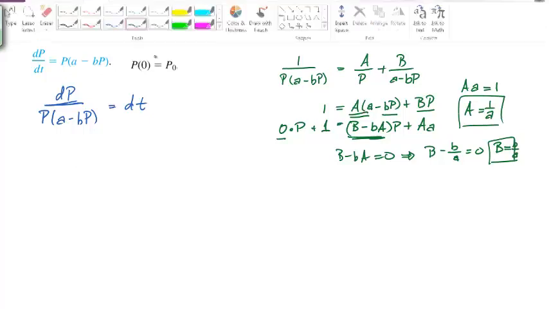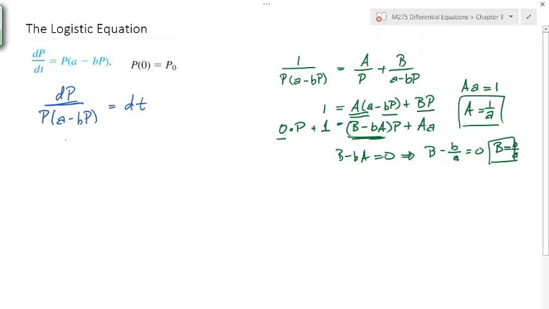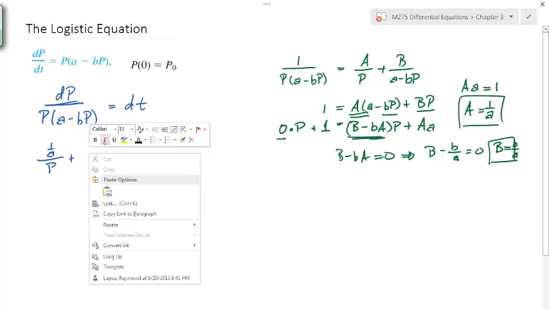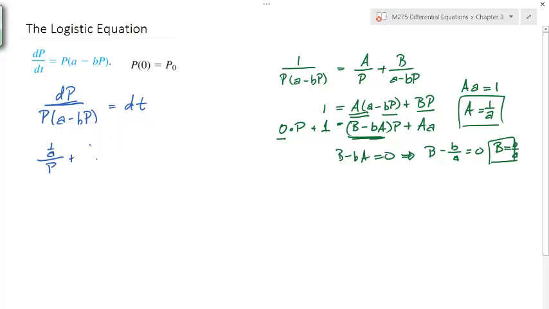So we put that back into our differential equation. As we solve for the separable differential equation, we have 1 over a divided by p plus b over a divided by a minus bp. And so we're going to take the antiderivative of this, take the antiderivative of the other side.